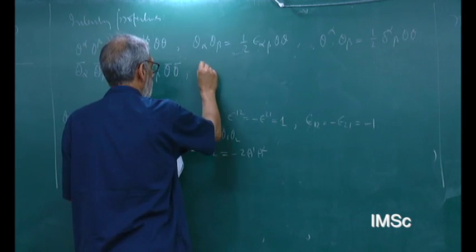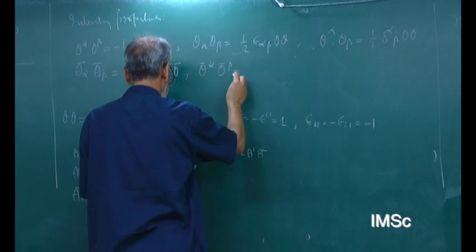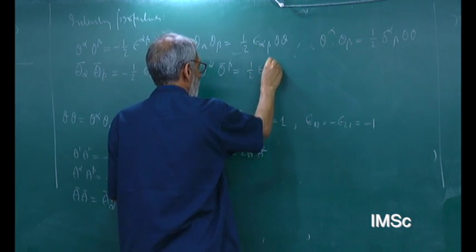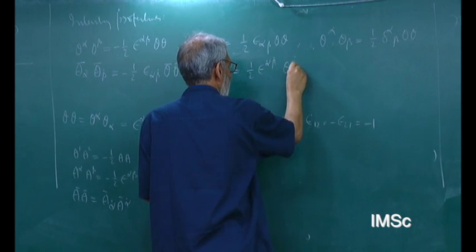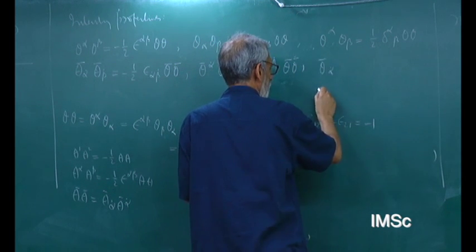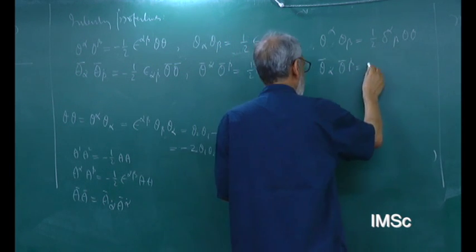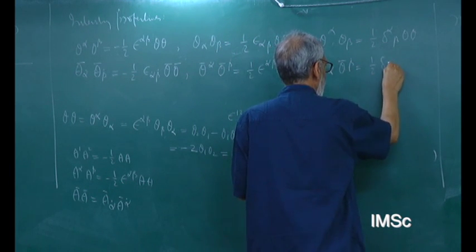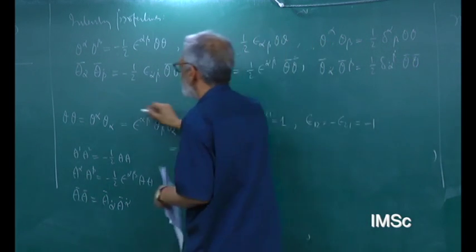And theta alpha dot up, theta bar beta dot up is 1/2 epsilon alpha dot beta dot theta theta, and theta bar alpha dot theta bar beta dot is 1/2 delta alpha dot beta dot theta bar theta bar.